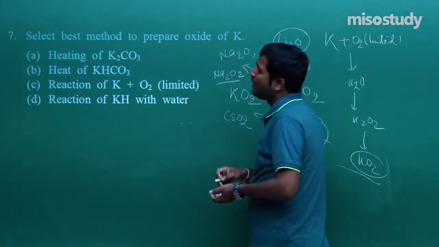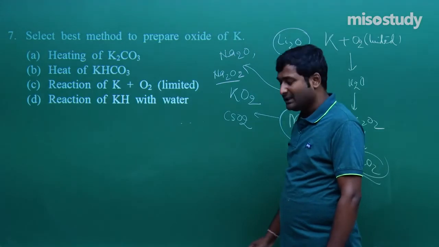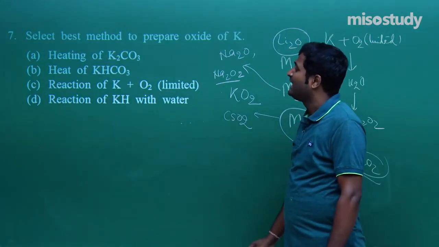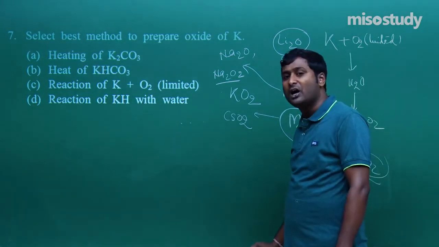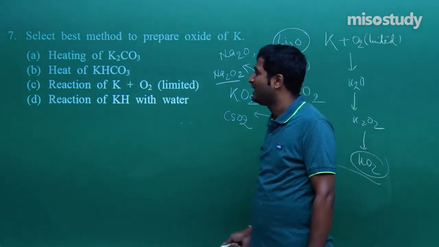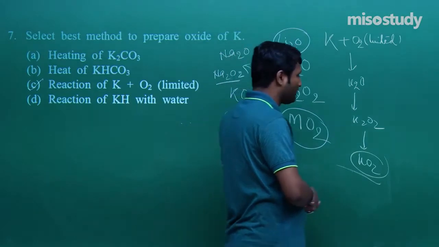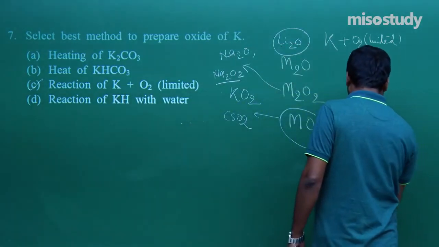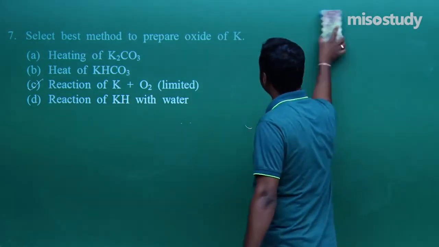So the correct option is the reaction of K plus O2 limited, normal, per, and finally superoxide. So C is the correct option. Clear to you, friend? Now I'm going to rub this part and we'll discuss the next section.